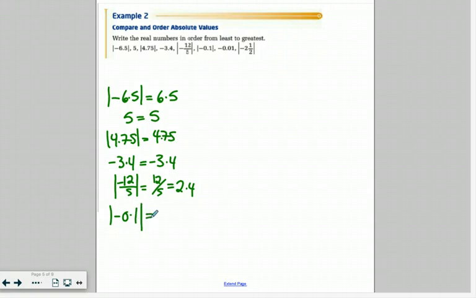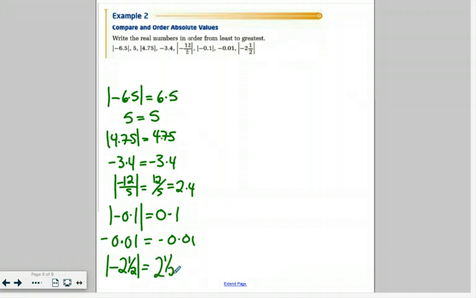Since the value inside is negative, we make it positive, so it becomes positive 0.1. Then we have just a regular -0.01, which stays the same since there are no absolute value signs there. And the absolute value of -2.5, since what's inside is negative, we multiply it by -1 and it becomes positive 2.5.